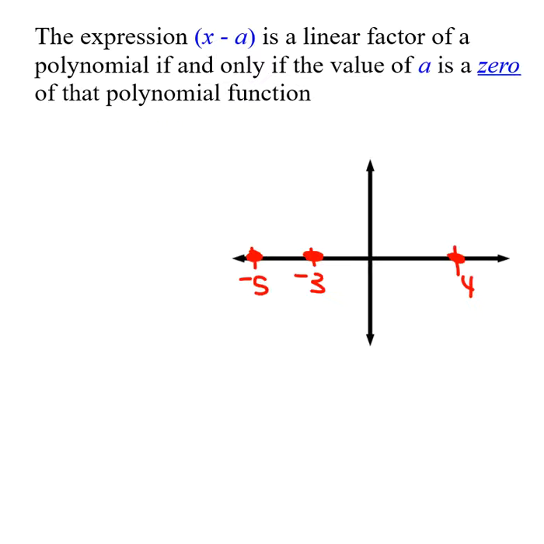So one of the things we know is that if x minus a is a linear factor of a polynomial, that if and only if a is a zero of that polynomial. So if I know x plus 5, x plus 3, and x minus 4 are the factors of a cubic, then I'm going to cross at these three spots.